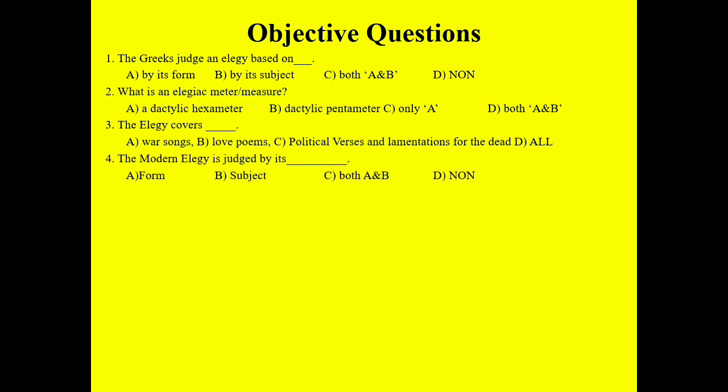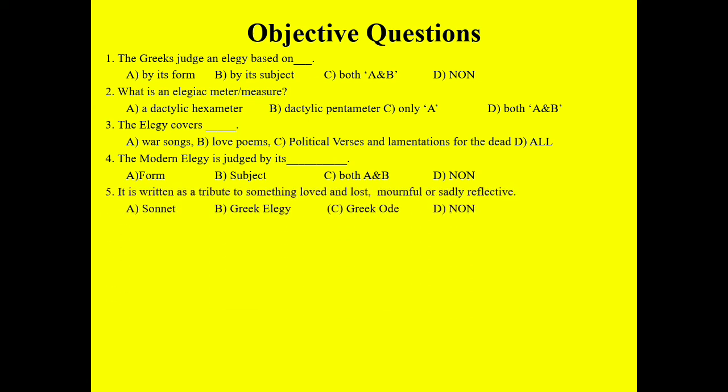The modern elegy is judged by its form. Is it right? No, it is judged by its subject. It is written as a tribute to something loved and lost, mournful or sadly reflective. What is that? It is a Greek elegy.